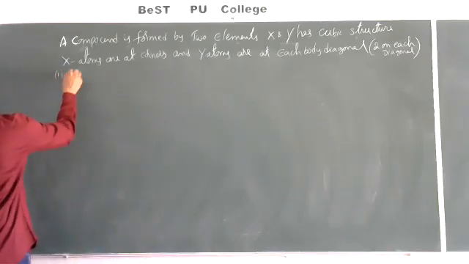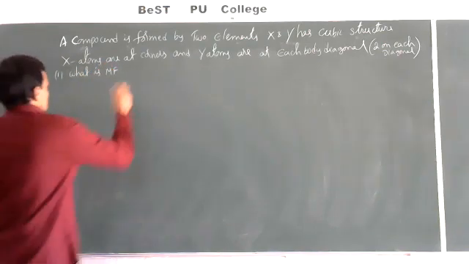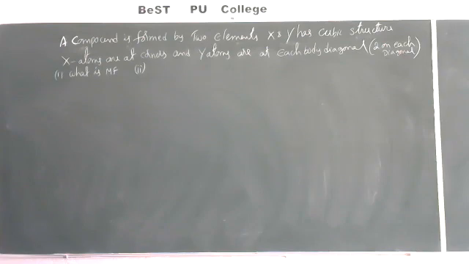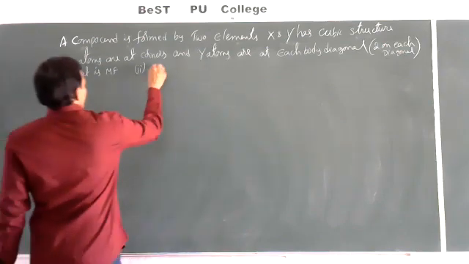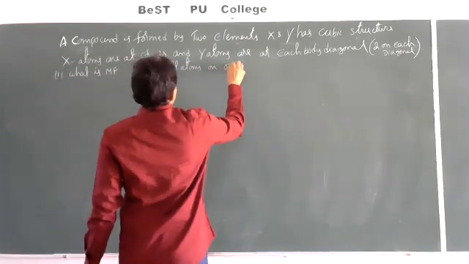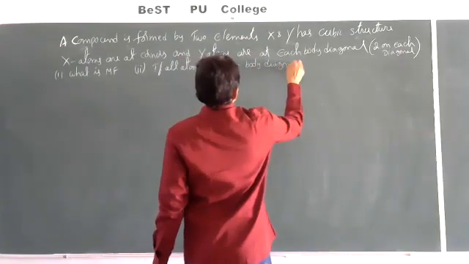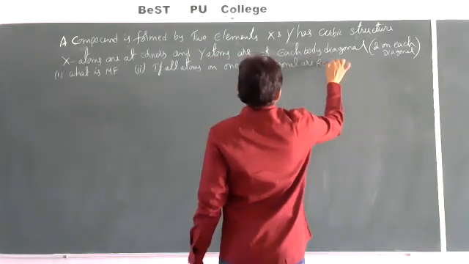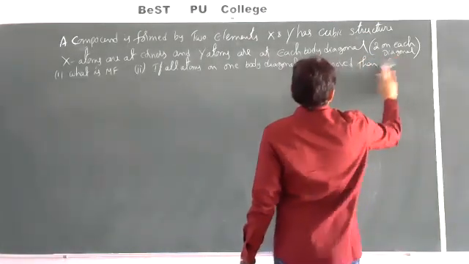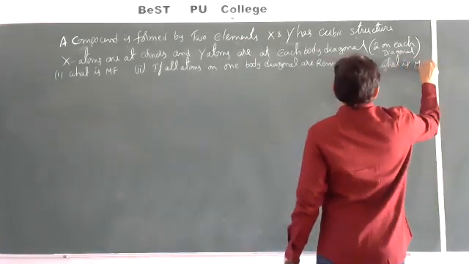Then they are asking, what is the molecular formula? First case. And second one, if all atoms on one body diagonal are removed, then what is the molecular formula?